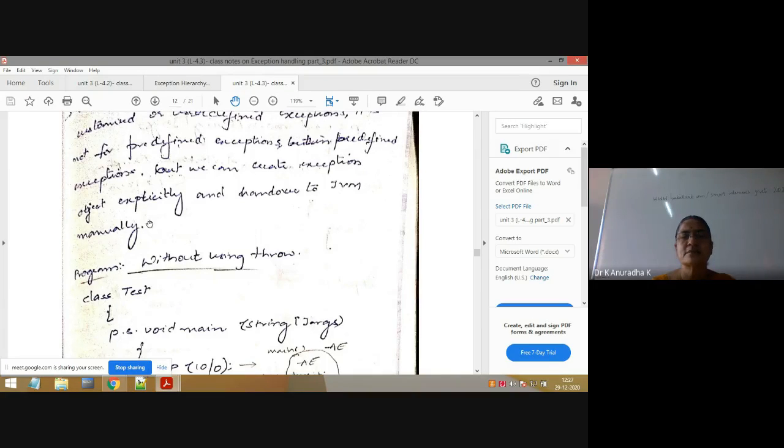So this is the concept. Using the throw keyword, the programmer is creating the exception object explicitly and handing that object over to the JVM manually. If you understand the default exception handling concept, then only you can understand this program. Otherwise, you can't understand.